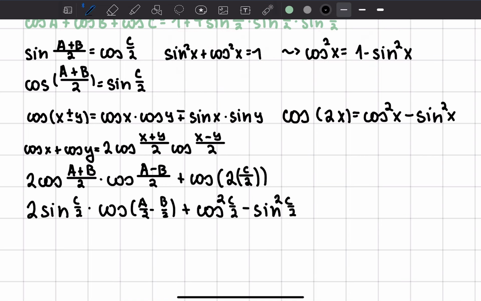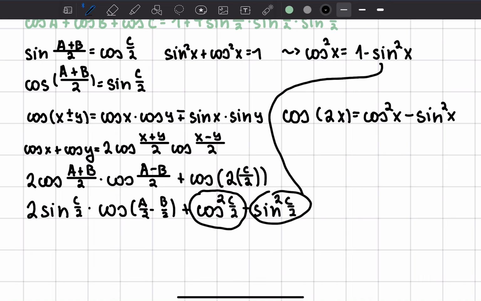And now look here. I have this here and I'm going to change it. And I'm going to do this. Actually, I could change this one as well, right? I could transform this one. I would have to put this alone and move this to the other side of the equation and so on. But yeah, I could do that.